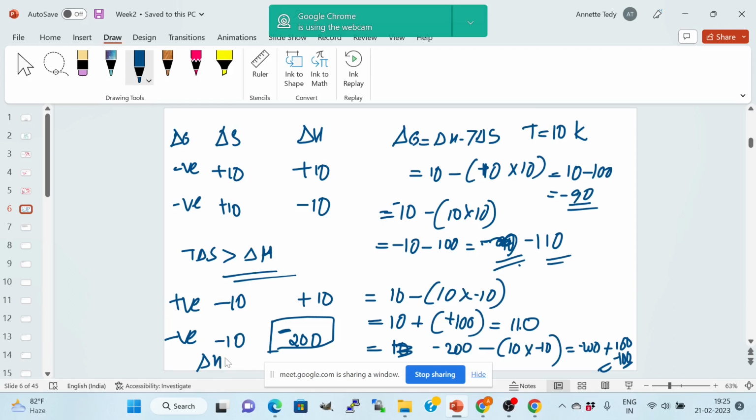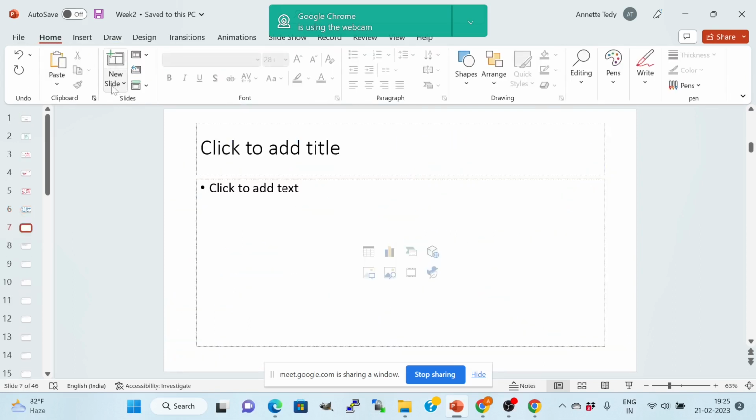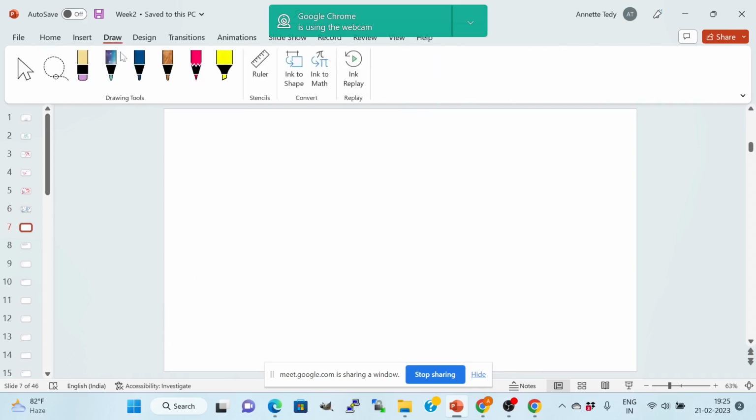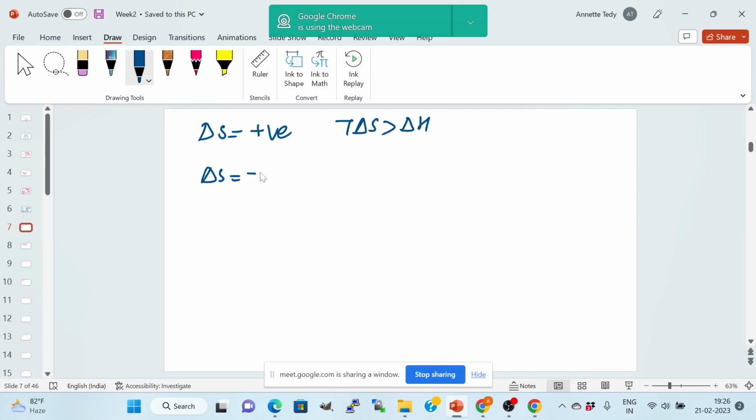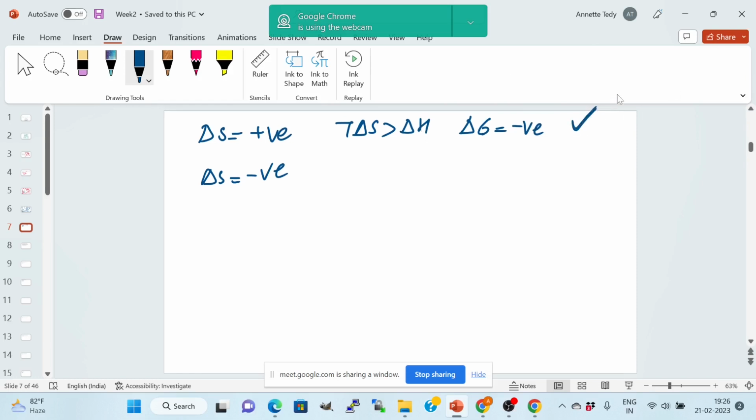That is, delta H should be much larger than T delta S. Also, this delta H should be negative. Is it clear? I'll write properly in the next slide. So whenever delta S is positive, T delta S is greater than delta H. But when delta S is negative, and in this case, delta G is negative, the reaction will happen.